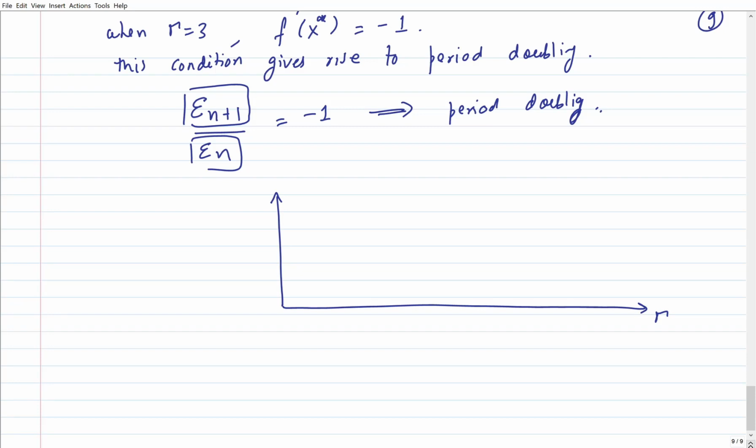I had r, this was x, there was the stability, 0 was stable, then I had one more fixed point, and at r equals to 3, this was r equals to 1. And as I crank up r, I'm going to get these two fixed points which we saw diagrammatically. And these are the period 2 points.